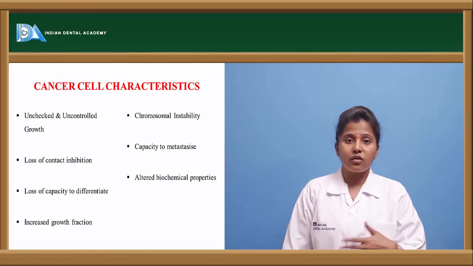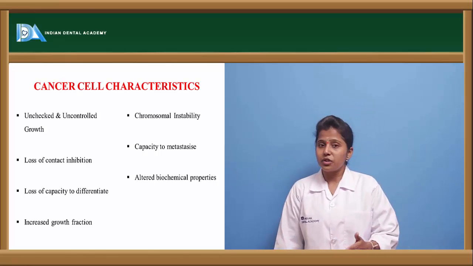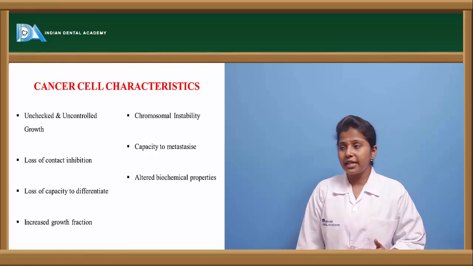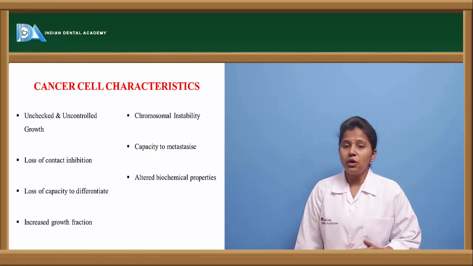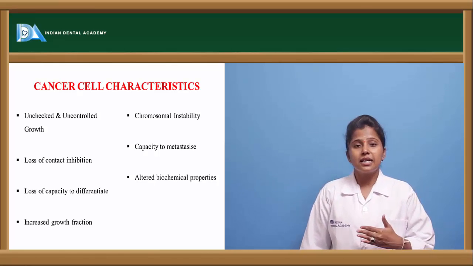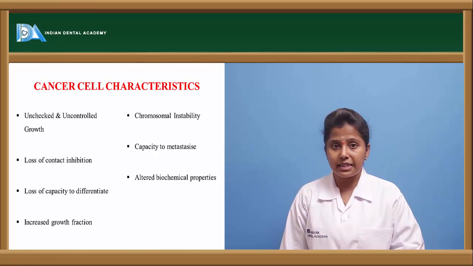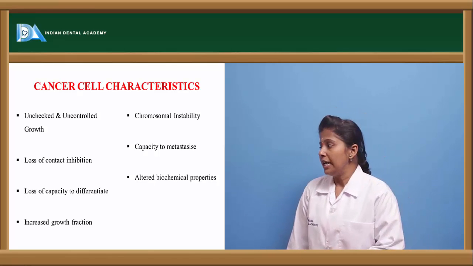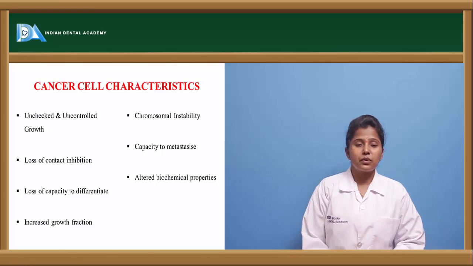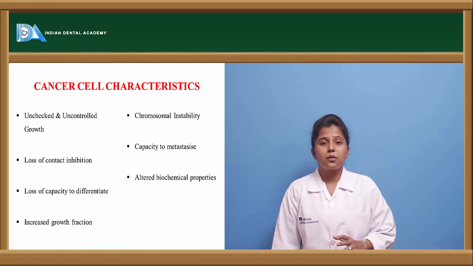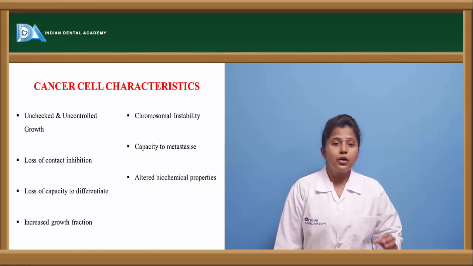They may alter, or there may be fluctuation in the number of chromosomes in the cancer cell. Then, incapacity to metastasize: they can't undergo the process of metastasis. They don't have the capacity. And altered biochemical properties: they don't have the same properties or same function as the normal cell.